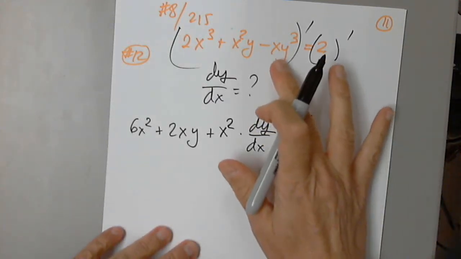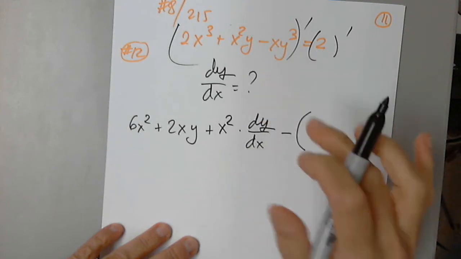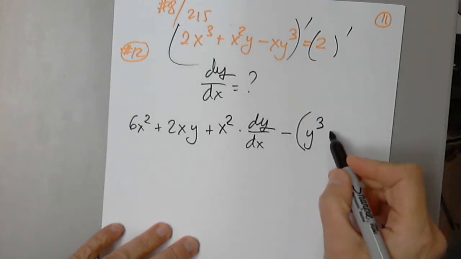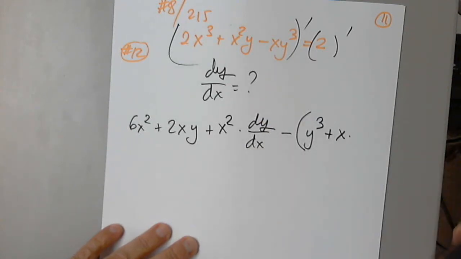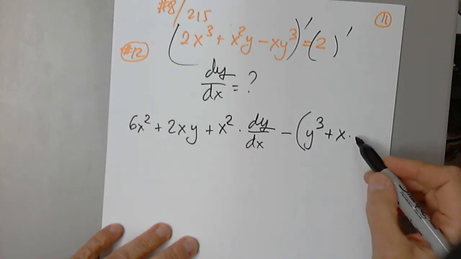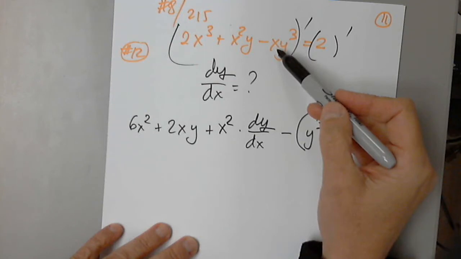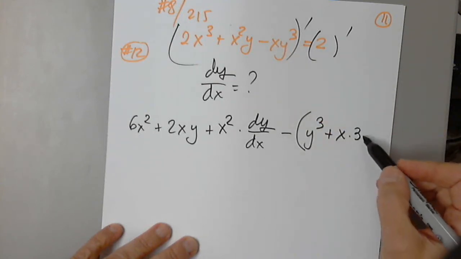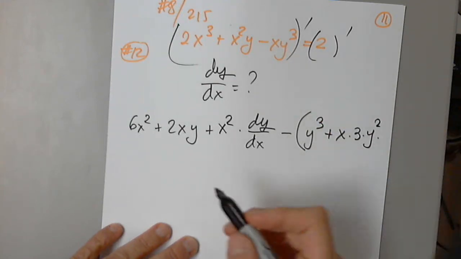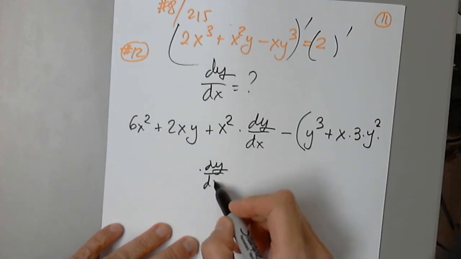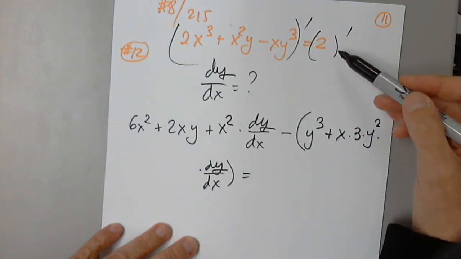So the first function prime is 1 times y cubed plus x times, bring down the power, 3 times y squared times dy over dx equals 0 prime, which is 0.